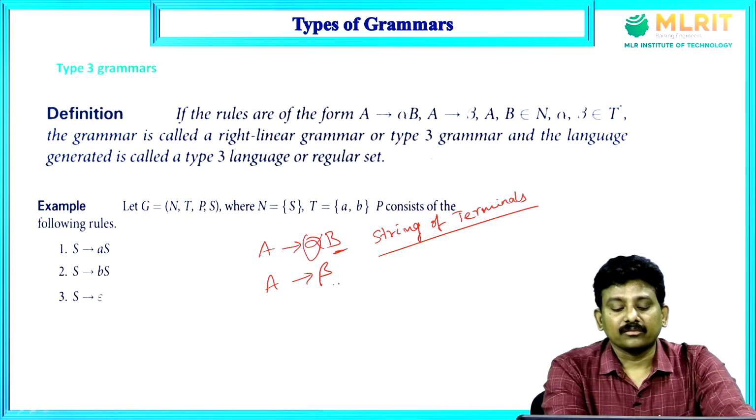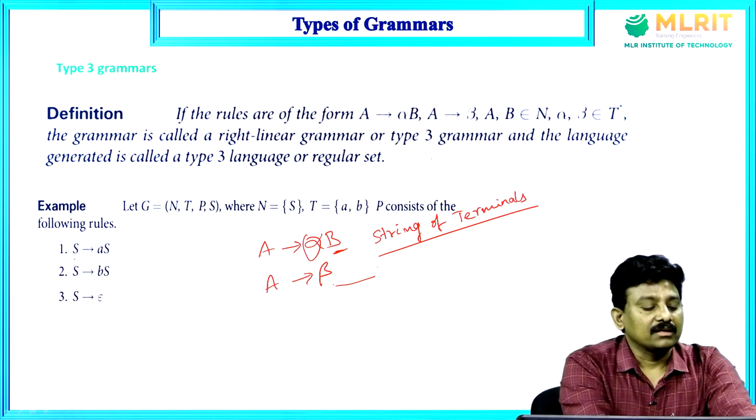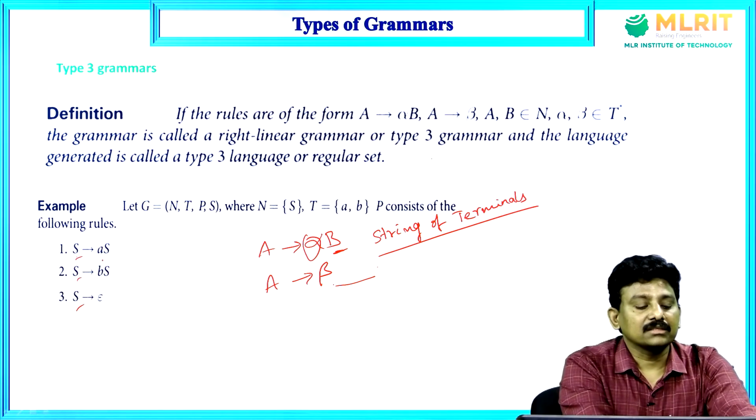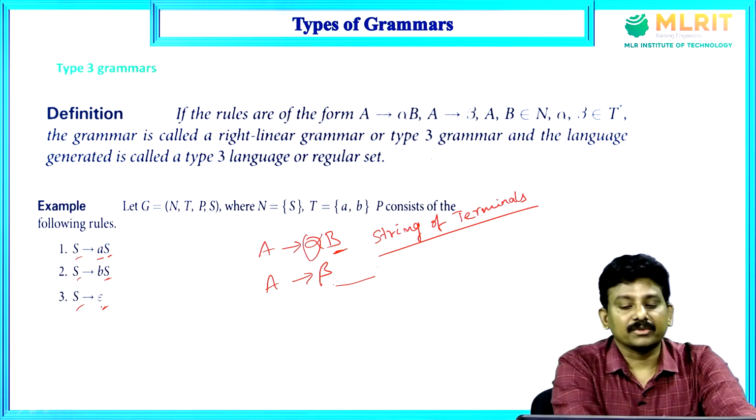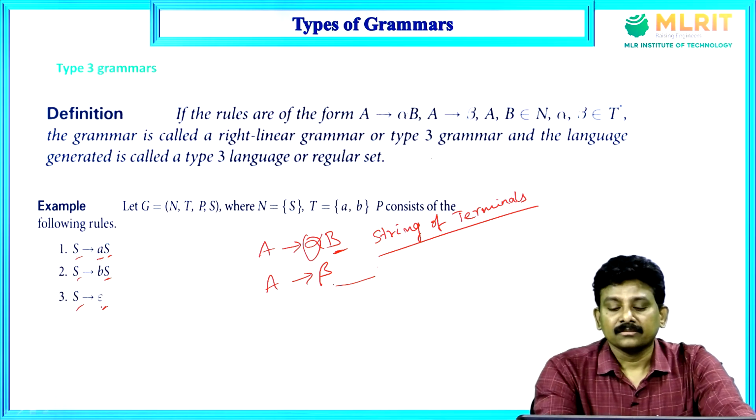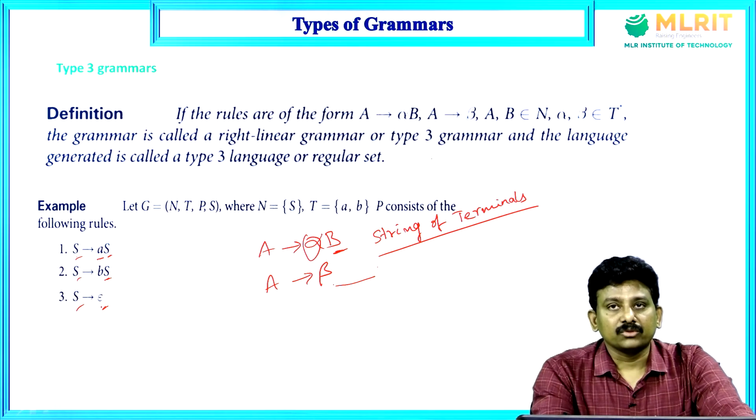Left hand side is a single non-terminal. Right hand side has a string of terminals followed by a last symbol that must be a non-terminal. This is type 3 grammars. Type 0, type 1, type 2, type 3 grammars.